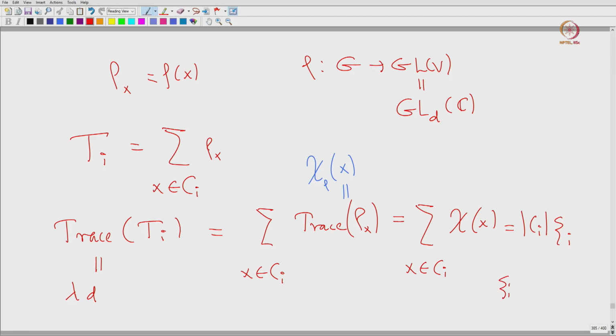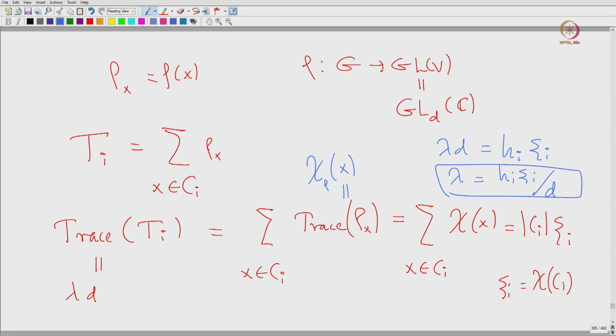So this Xi is nothing but chi of Ci. So from this you can see that lambda d is exactly equal to hi times Xi. So that means lambda equals hi Xi divided by d. So this is what we wanted.